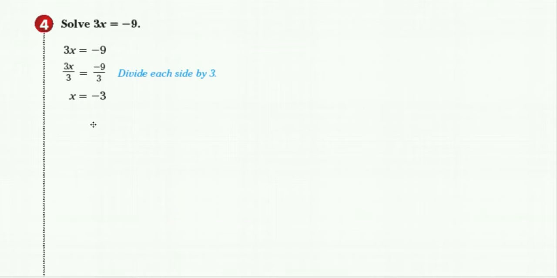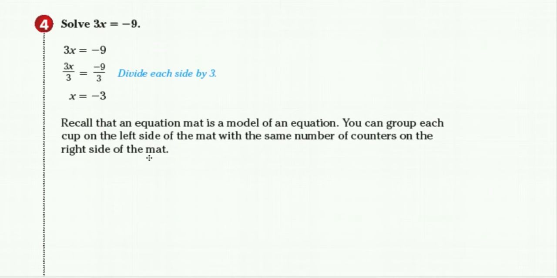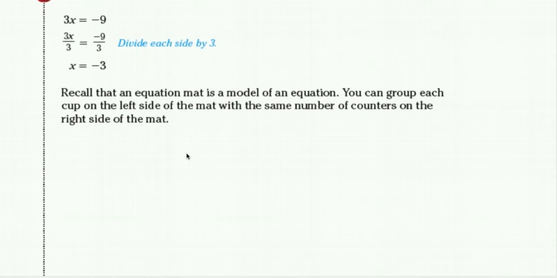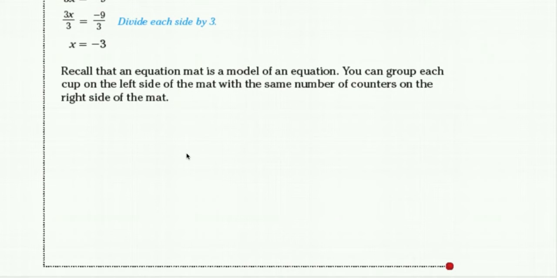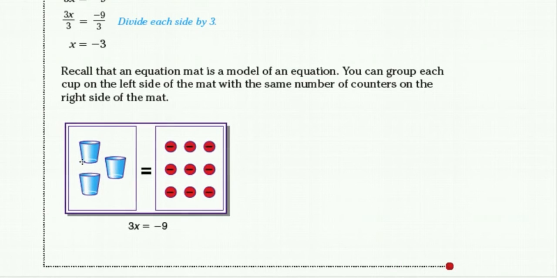Okay? And if you want to use counters for this, let's take a look at this one. Recall that an equation mat is a model of an equation. You can group each cup on the left side of the mat with the same number of counters on the right side of the mat. Okay, so a mat is like an equation. So you have this. Why is it 3x? 3 cups, because the cups represent your x. Okay, remember variables are also placeholders.